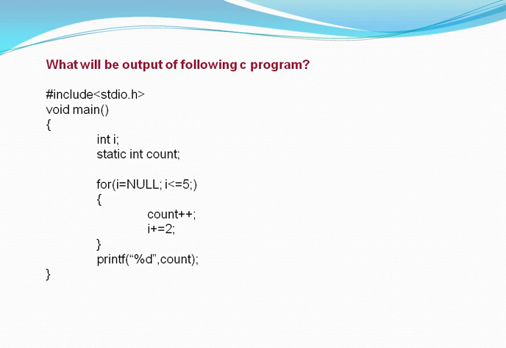Now we traverse this loop from 0 to 5. i is incremented by 2, so count is incremented by 1. This loop traverses till 5, so the output will be 3. Count has the value 3.